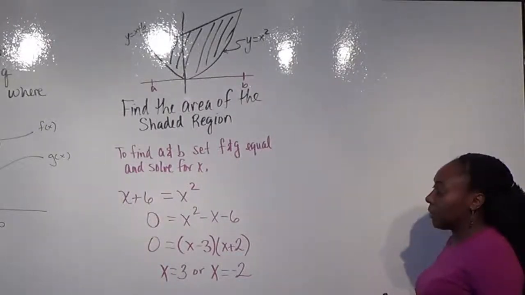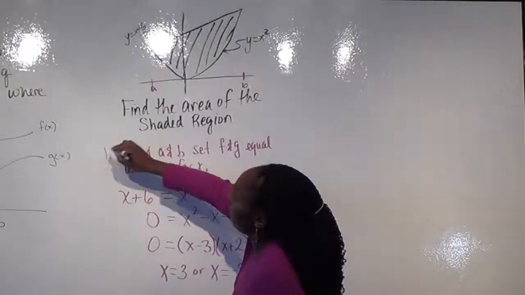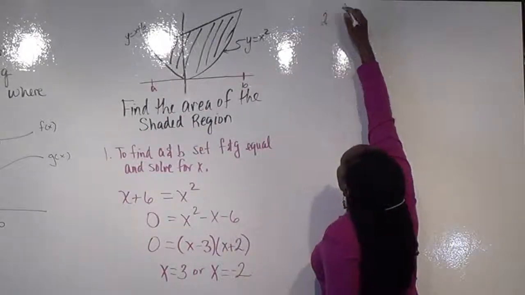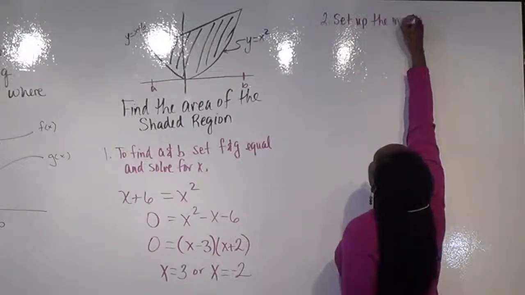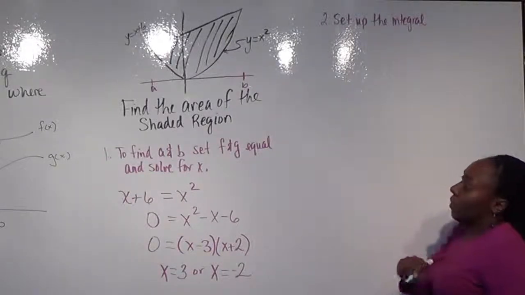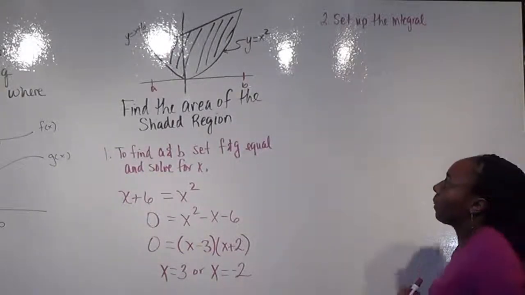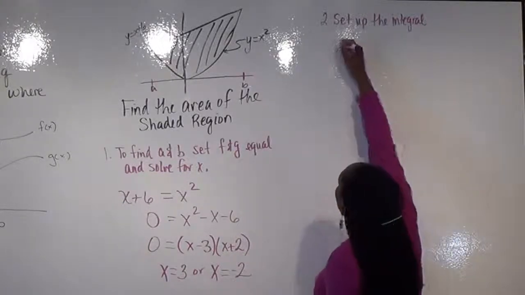Now that I have my limits, I want to set up my integral. So that's step 1. Step 2 is to set up my integral. Okay. So in this case, again, I want my upper curve minus my lower curve over the interval.